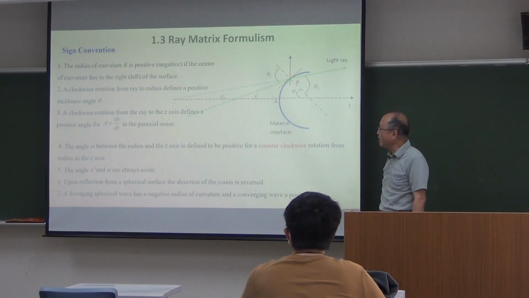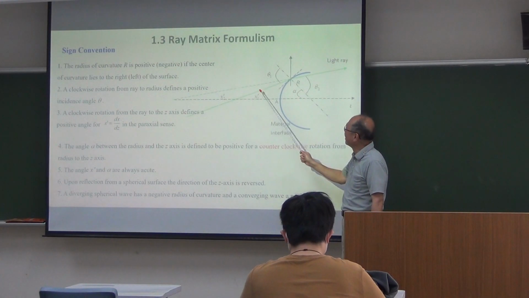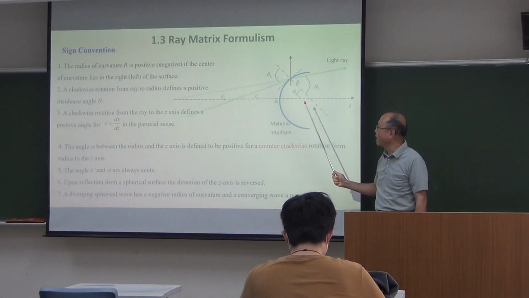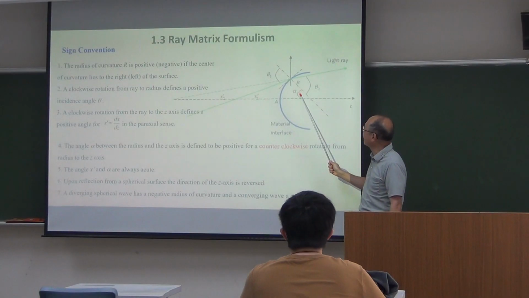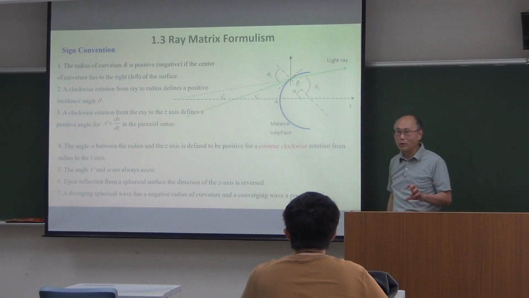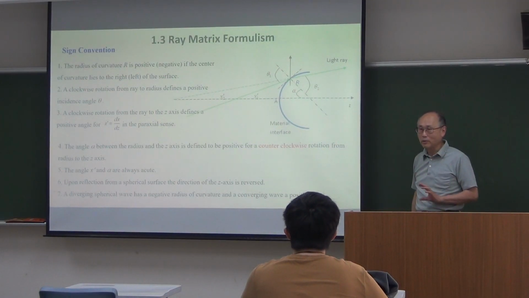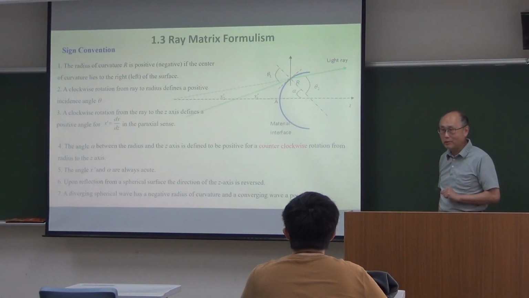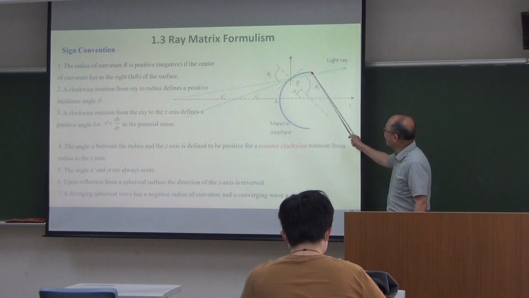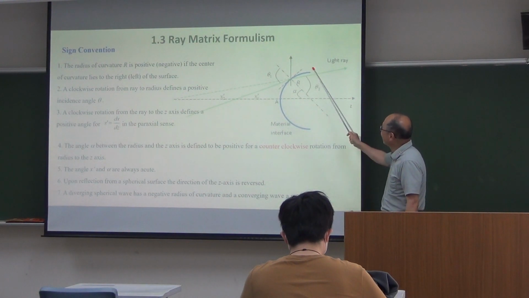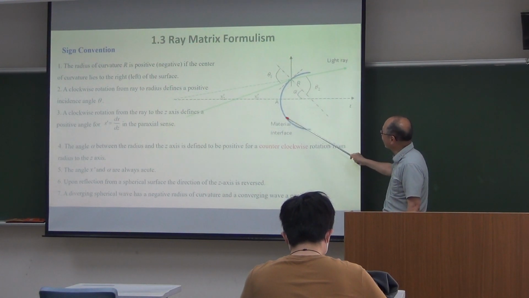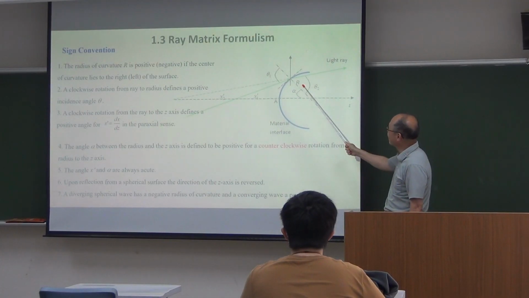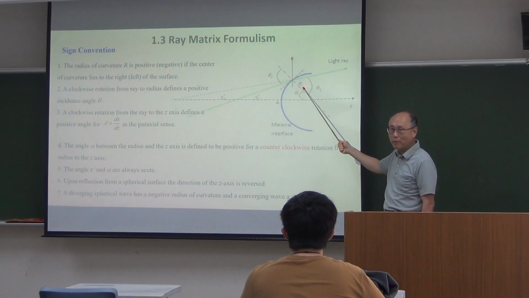And for the angle, the ray angle is always acute. These two angles are always less than 90 degrees when you talk about the modeling of the ray matrix. And then the radial curvature: the radius defined as the radial curvature on the right is R, and this R is positive.